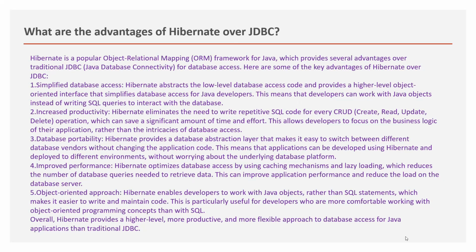Hibernate abstracts the low-level database access code and provides higher-level object-oriented interfaces that simplify database access for Java developers. This means that developers can work with Java objects instead of writing SQL queries to interact with the database.